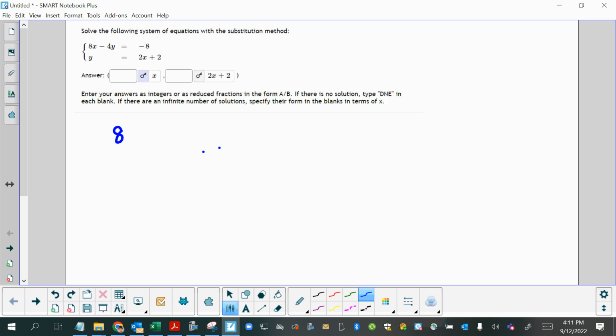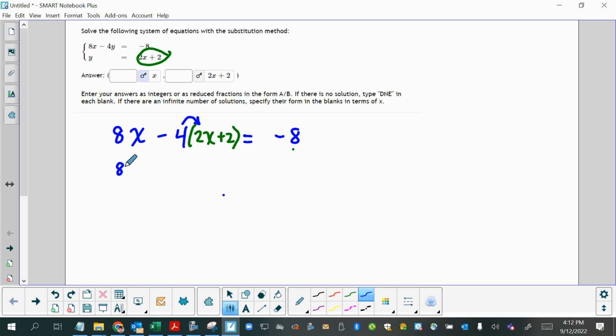So I'm going to take 8x minus 4 times y equals negative 8, and instead of having the y there, I'm going to plug this expression in where we see the y. So I'm just going to erase that y and put in the expression 2x plus 2.